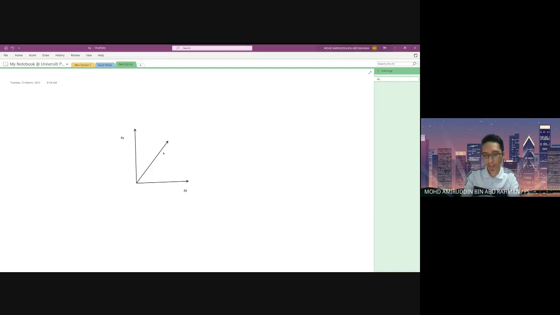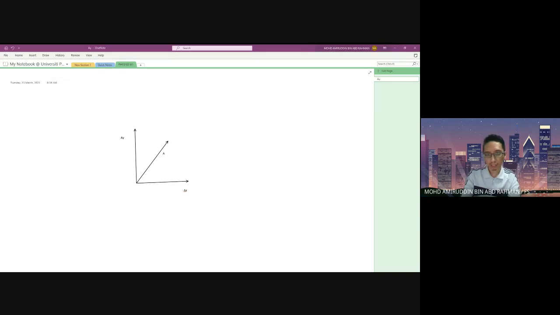Cos minus 60 or cos 60 is similar, giving you 0.5. And sine 60 is also giving you a similar answer.